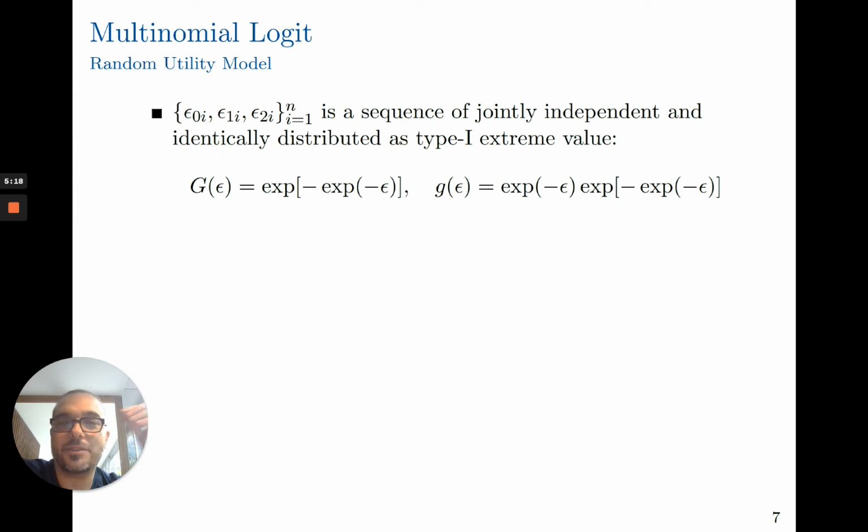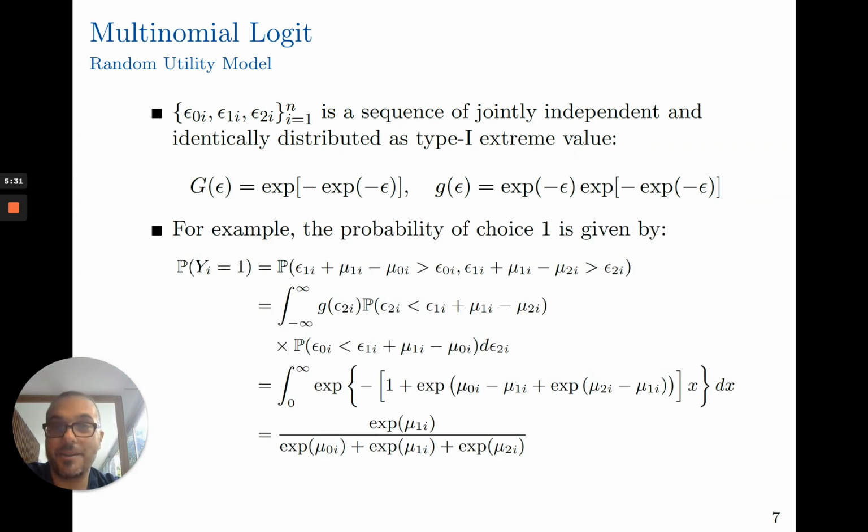For this extreme value distribution, the G function will be the exponential of minus the exponential of minus epsilon, and the derivative is also displayed on your slide. So the probability of choice 1 is given by the probability of epsilon_1 plus mu_1 minus mu_0 being larger than epsilon_0, and epsilon_1 plus mu_1 minus mu_2 being larger than epsilon_2.